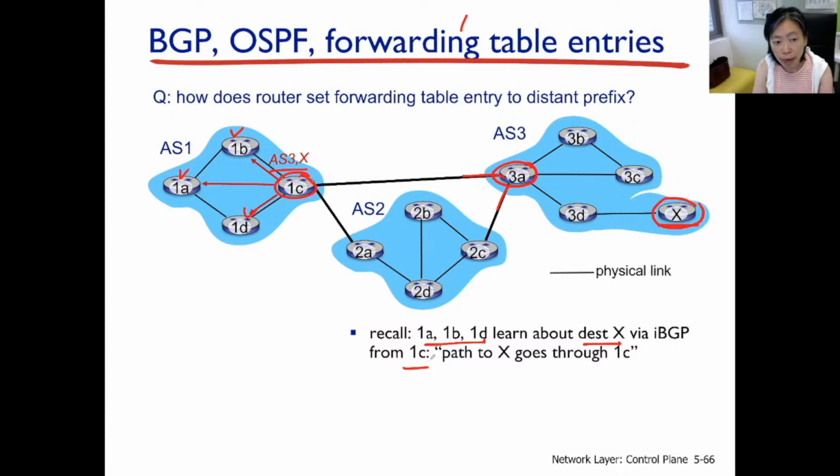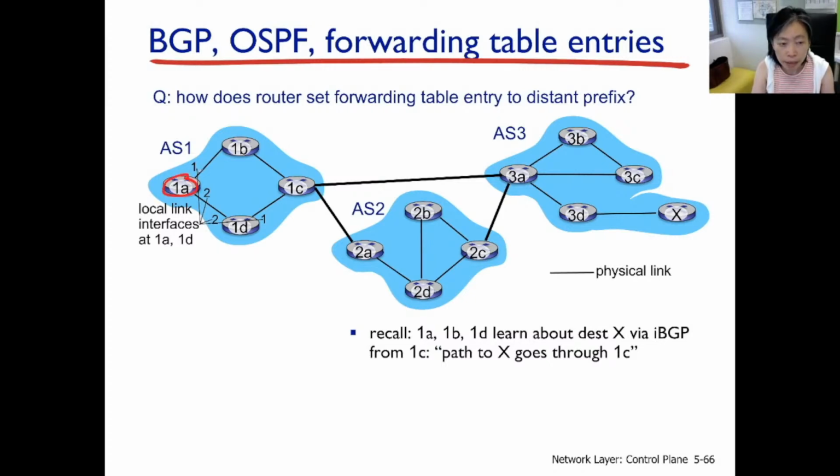What 1A, 1B, and 1D will do is, if I ever receive any packets with destination X, I will forward the packet towards 1C, the border router, from which they received the AS path. To make it easier to explain, let me label the interfaces.